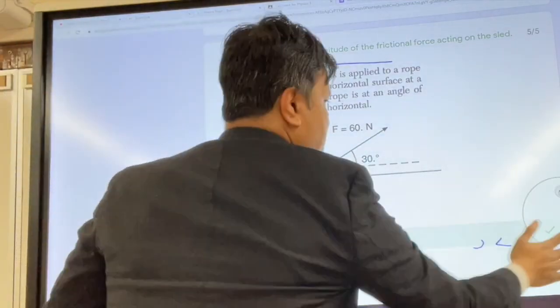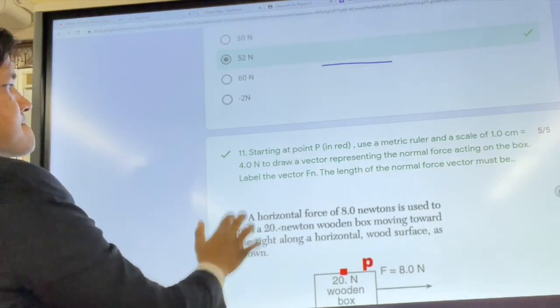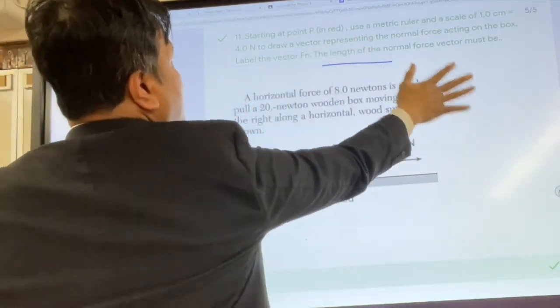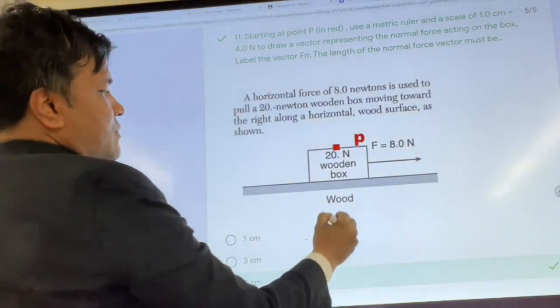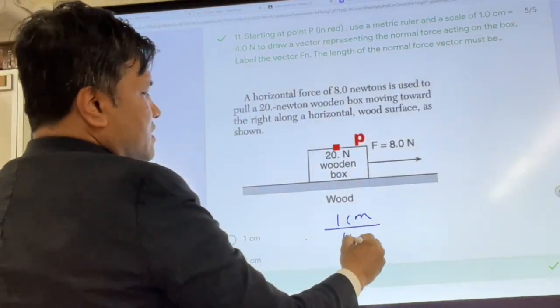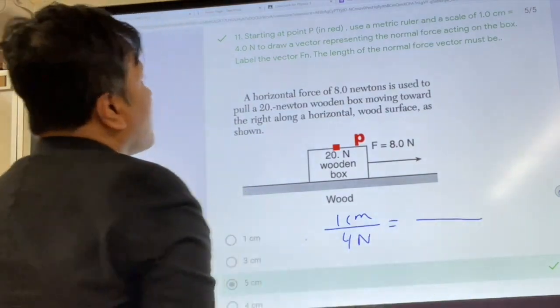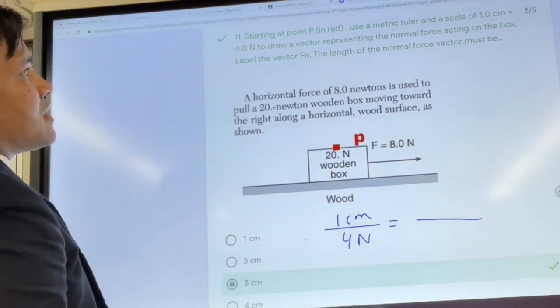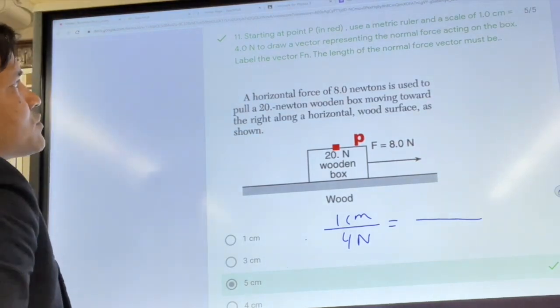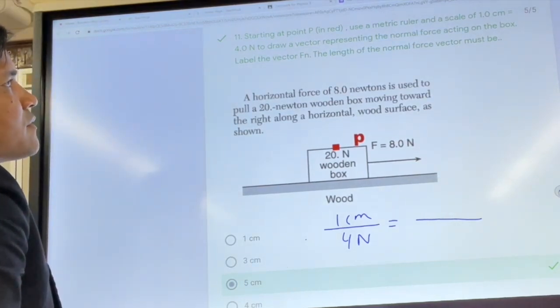Number 11. All right, so what do we need to find? In this case, 1 centimeter is equal to 4 Newton, and we want to know the centimeters to draw a vector representing the normal force.